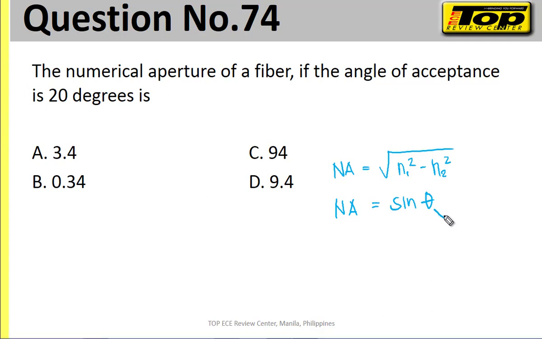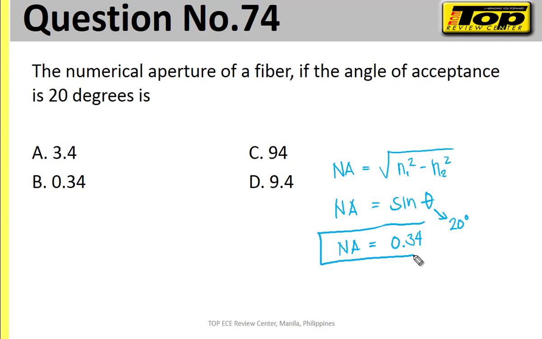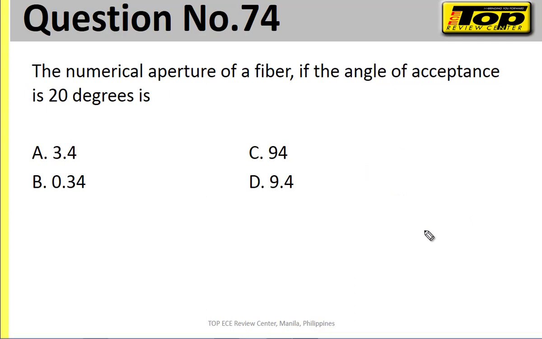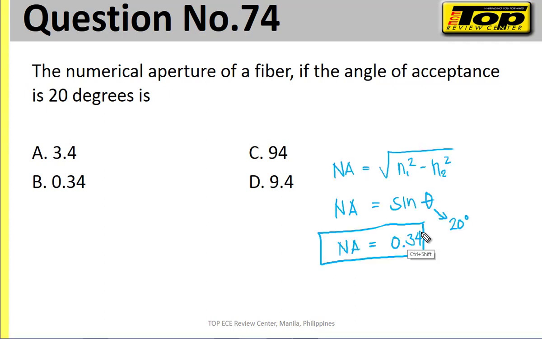And the angle of acceptance is given, which is 20 degrees. So if we compute for the numerical aperture, that is equal to 0.34. Okay, and that is letter, of course, letter B. Okay, 0.34.